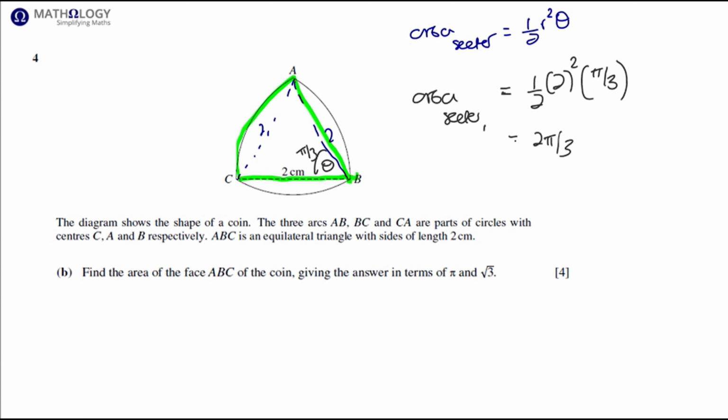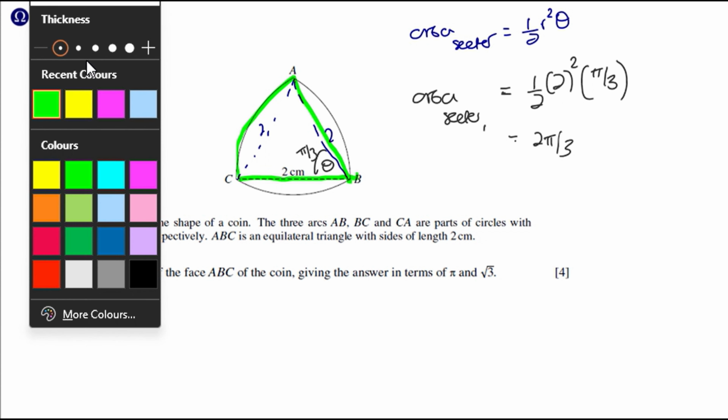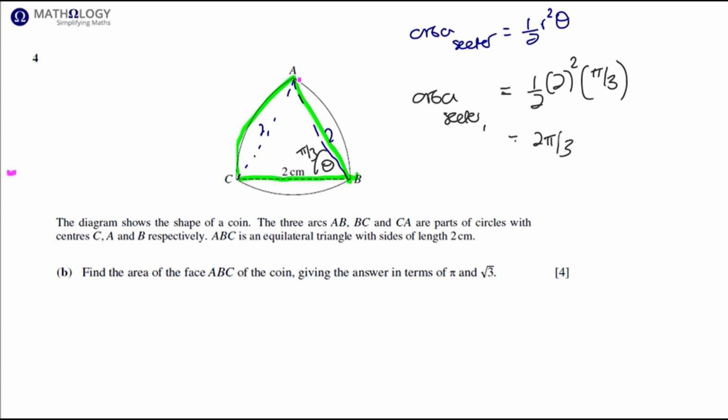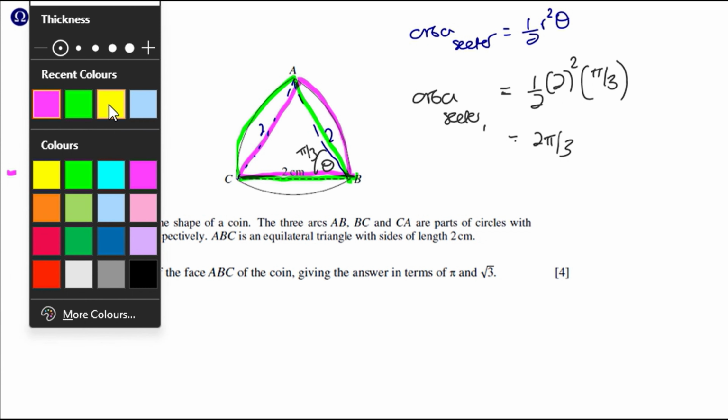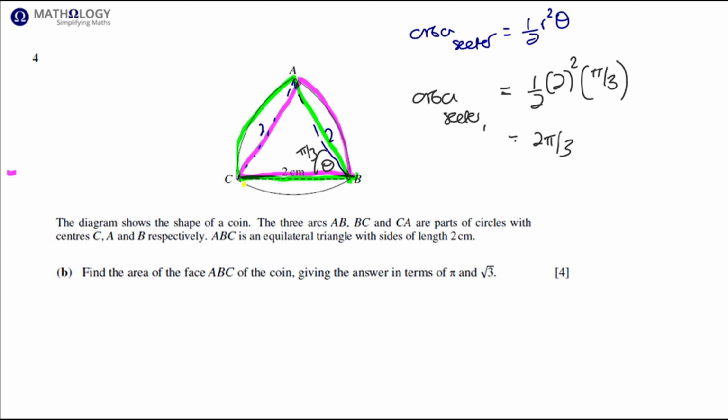Now each of these areas, because we're dealing with an equilateral triangle, if we find the area of that sector, the purple sector, it will also be 2 pi by 3, as will the area of the yellow sector. So the area of all sectors will be 3 times 2 pi by 3, which is 2 pi.